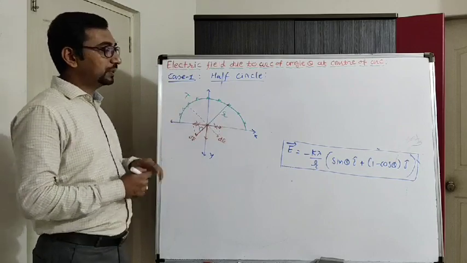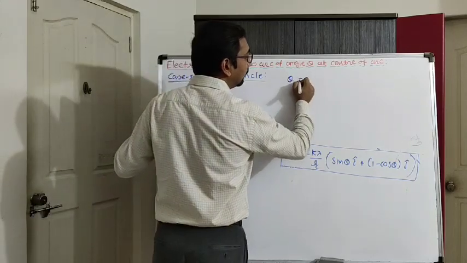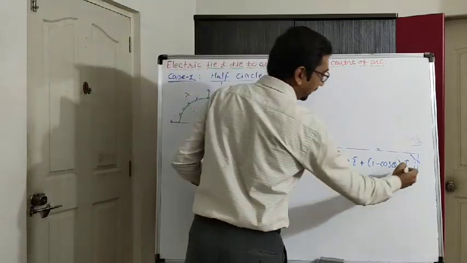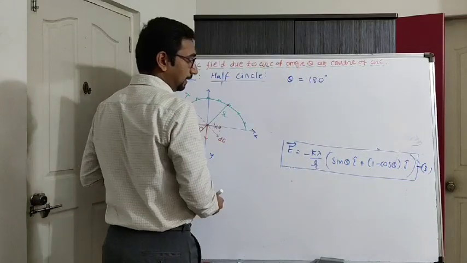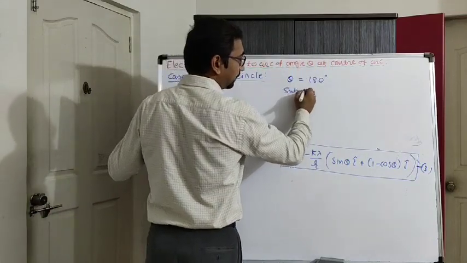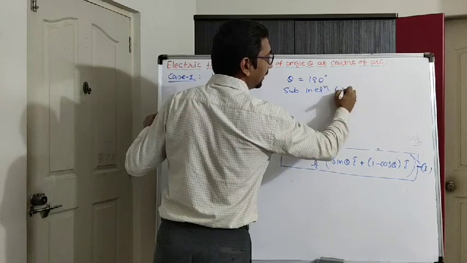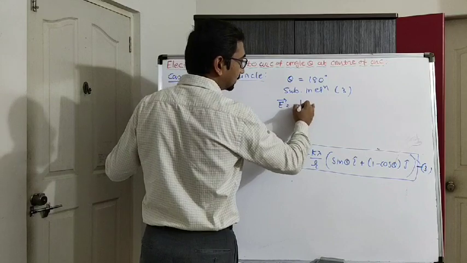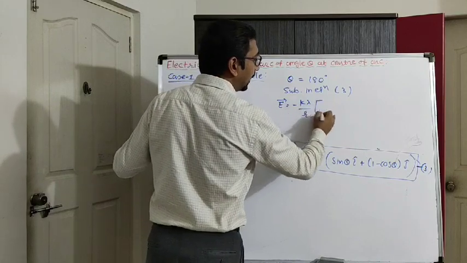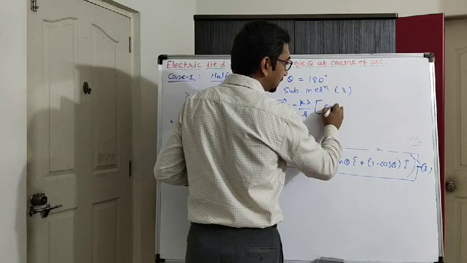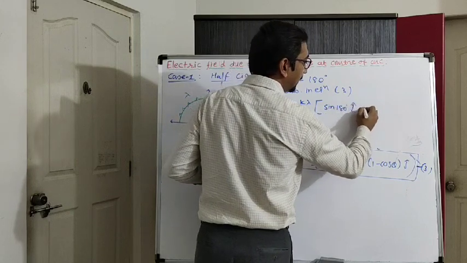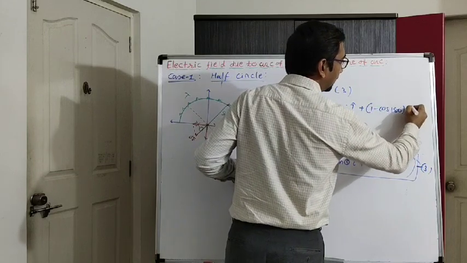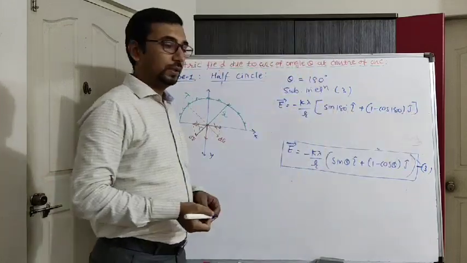Here we have taken a half circle, so theta will become 180 degrees. Substituting theta equal to 180 degrees in our equation number 3, the electric field will be minus k lambda upon r in bracket sin 180 degrees i caret plus (1 minus cos 180 degrees) j caret.